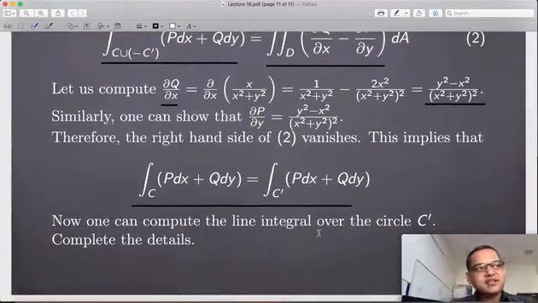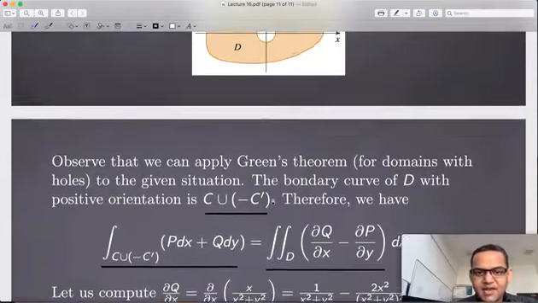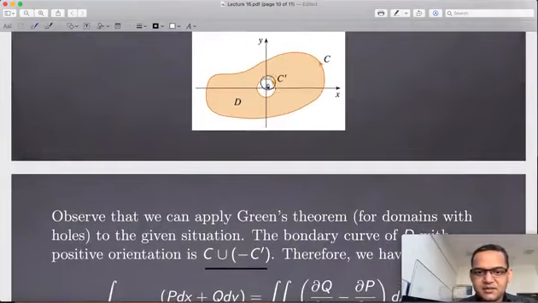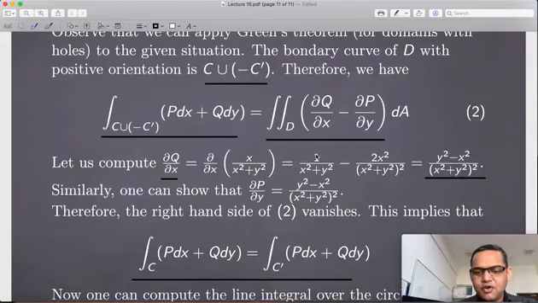Also you will notice, because the C prime comes with a radius, correct? What you need to think about is how this integral depends on C prime.